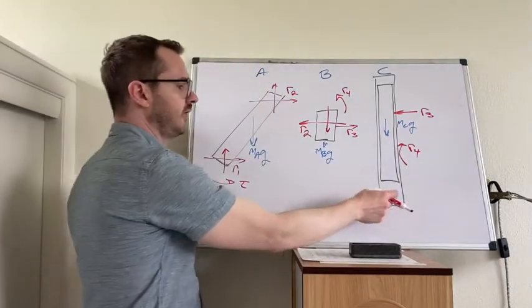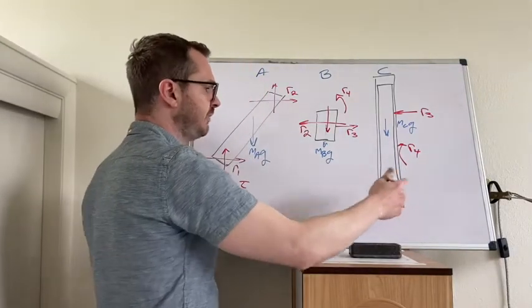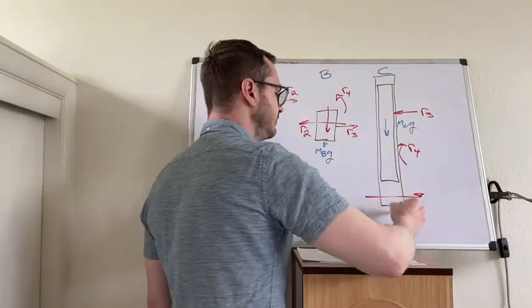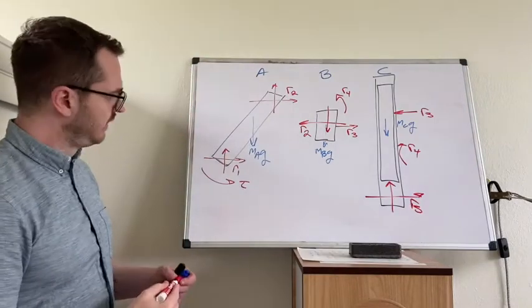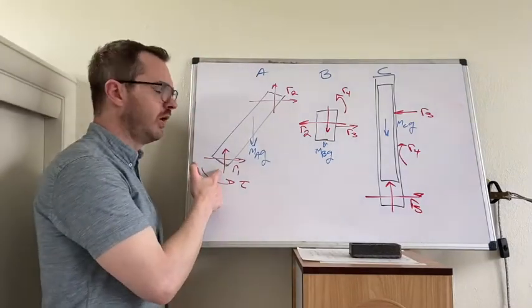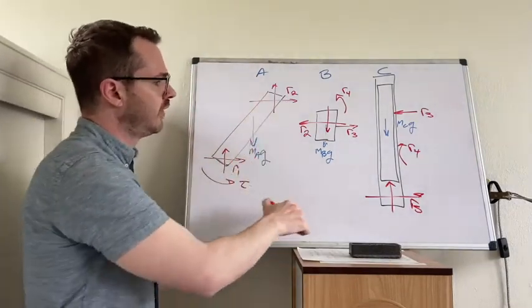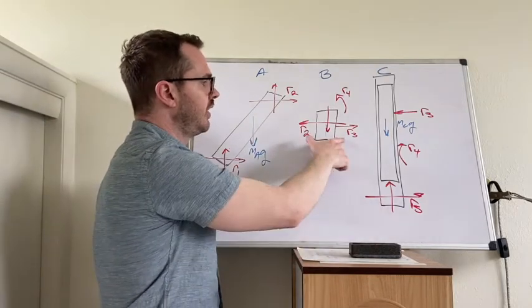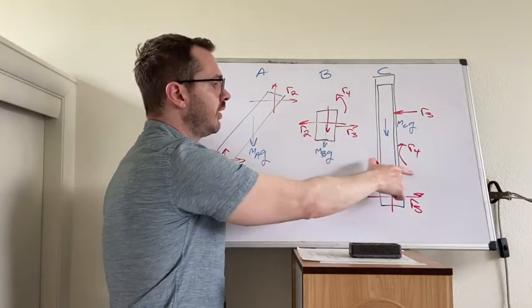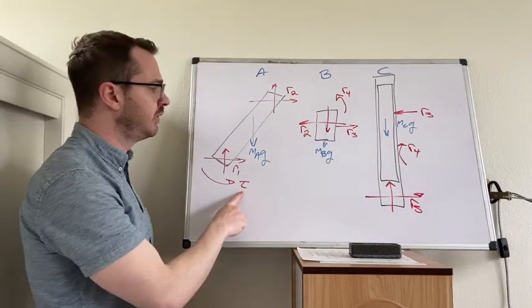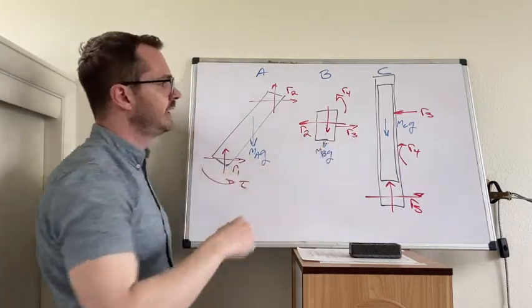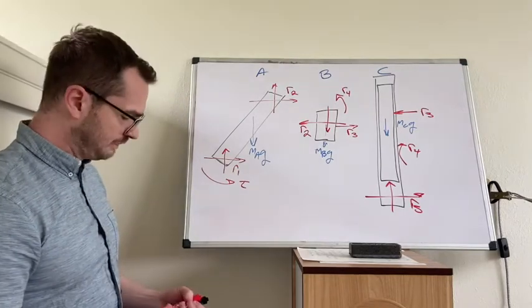And finally, there is a pin joint at the bottom. Here is R5. R1, X and Y, R2, X and Y, R5, X and Y. R3 is in one direction only, R4 is a moment, and then we also have input torque and 3 masses.